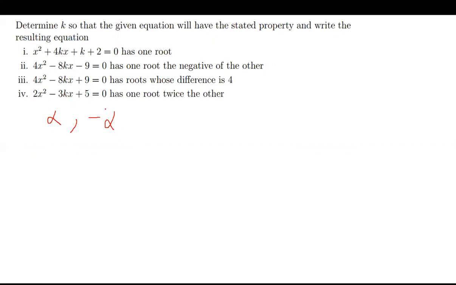So in other words, we have x being equal to alpha. We also have x being equal to negative alpha. So now from this same given equation, we know that alpha times beta is equal to c over a.